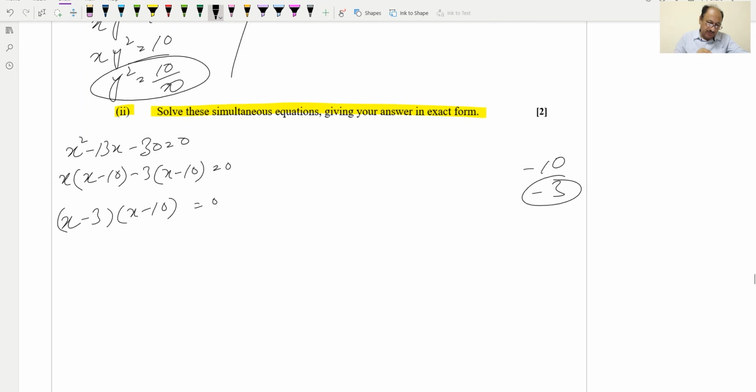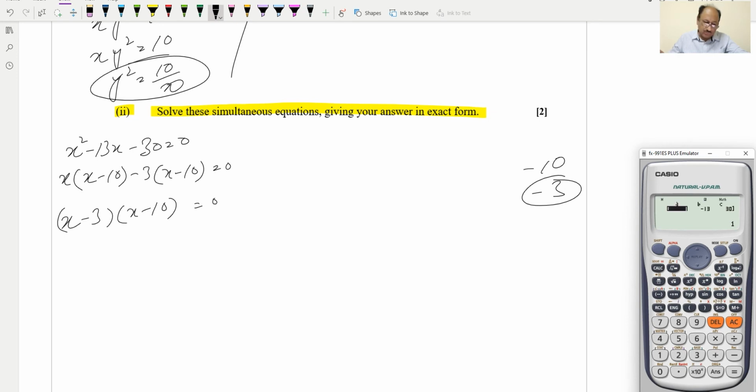Now this implies what? I think we have made a mistake. Yes, instead of minus 30 we used 30, so we redo this one. So 1, minus 13 and minus 30, these values. Yes, so it is giving 15 and 2.